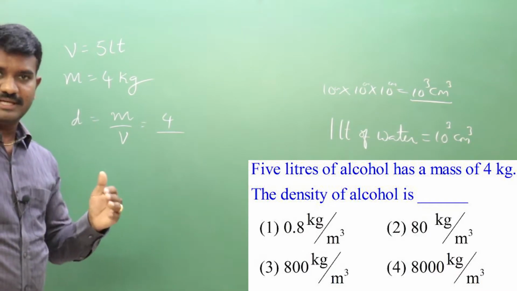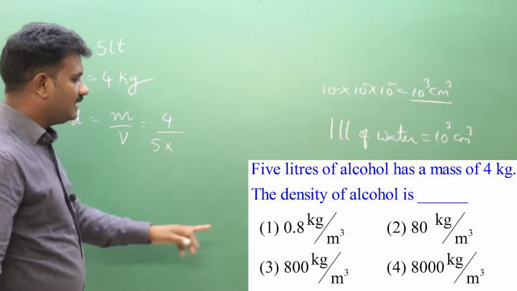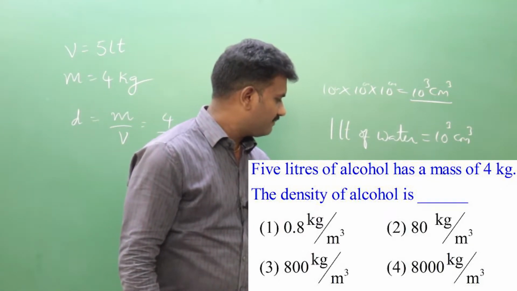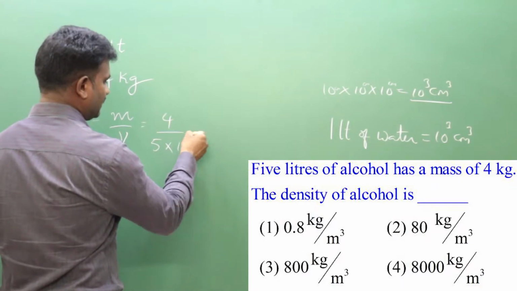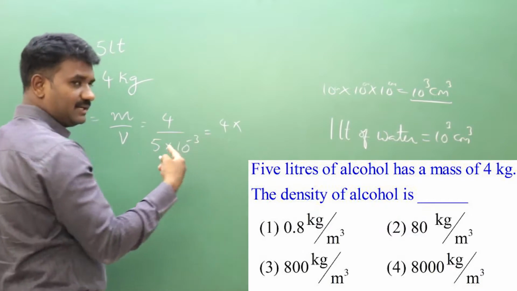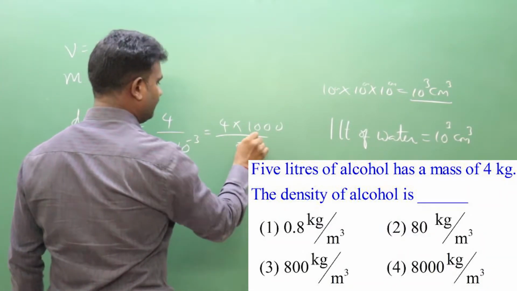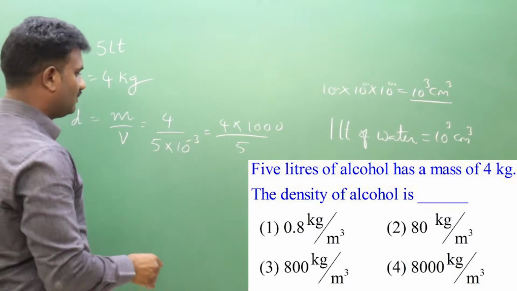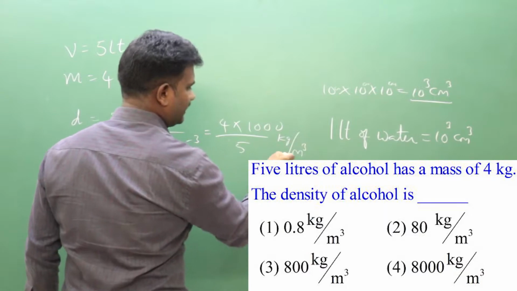Liters, 5 liters should be in SI system only. So by volume is 5 into 1 liter, equal to how much in SI system? 10 to the power minus 3 meter cube. So 4 by 5 into 10 to the power minus 3, which goes up, 10 to the power plus 3. That's 4000 by 5. So you simplify, you will get the answer in kg per meter cube.